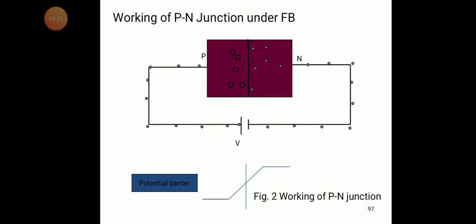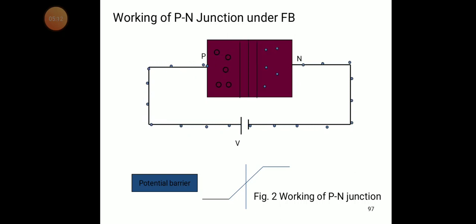What is the working of the PN junction diode under forward bias? You can see what happens here. Without applying the biasing, in the last class we discussed how the junction barrier is formed. In the P-type material we have more holes and immovable negative ions, and in the N side we have more free electrons and immovable positive ions.